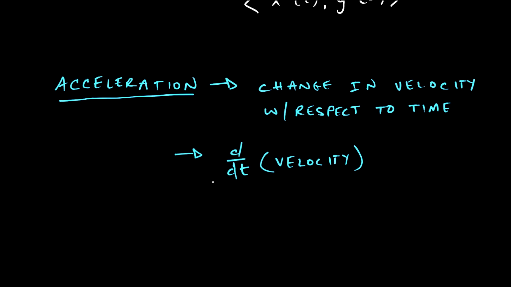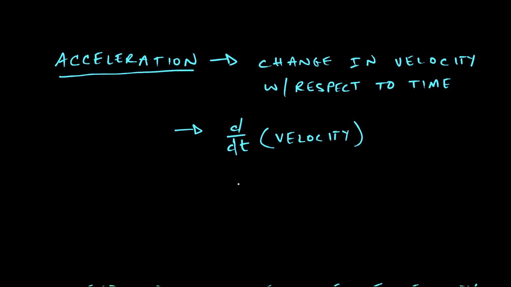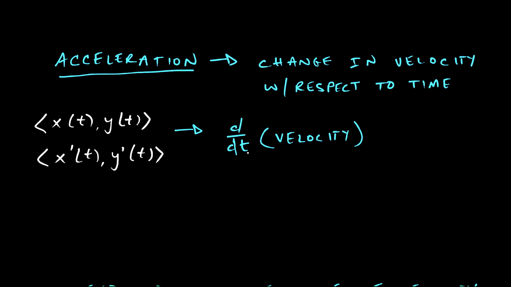Acceleration is simply the change in velocity with respect to time, or we're going to d/dt velocity. So if you take a look at where we started with position, we have x of t, y of t. We took the first derivative of each one respectively and have x prime of t, y prime of t for our velocity vector. And then in d/dt of velocity, we'll simply have x double prime of t, y double prime of t.